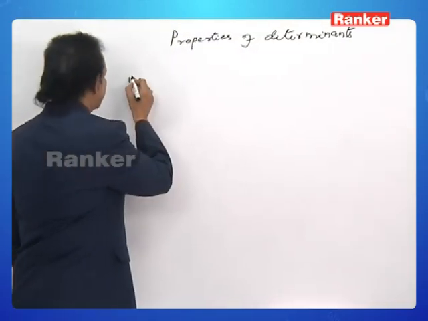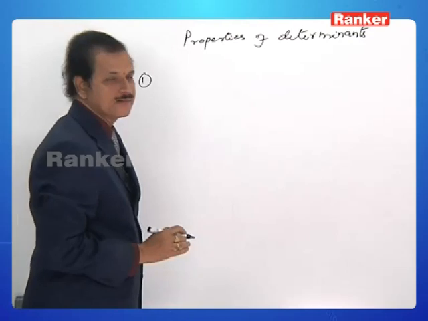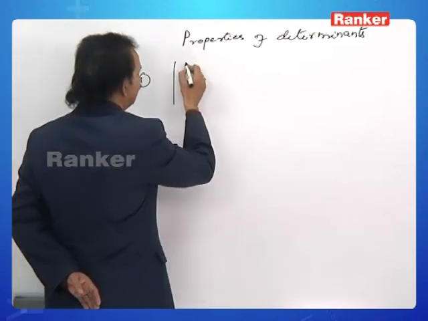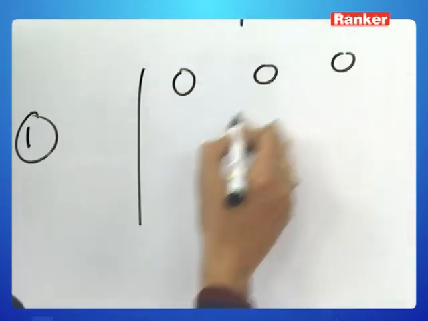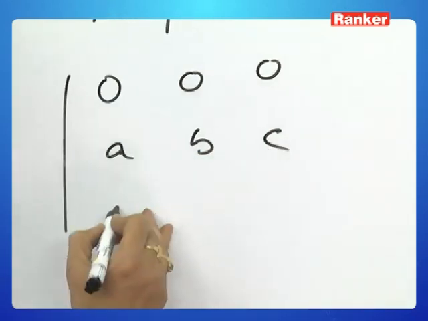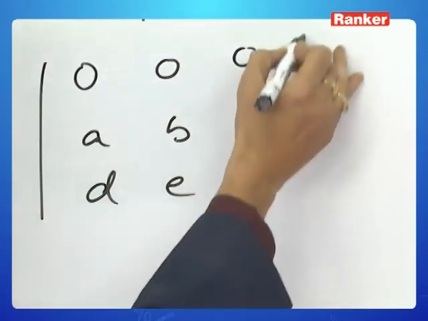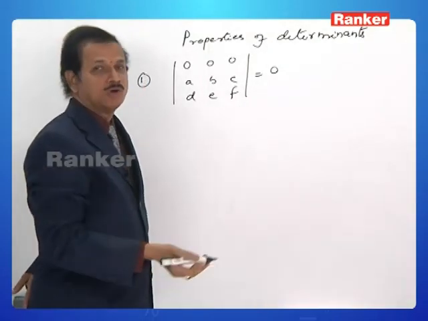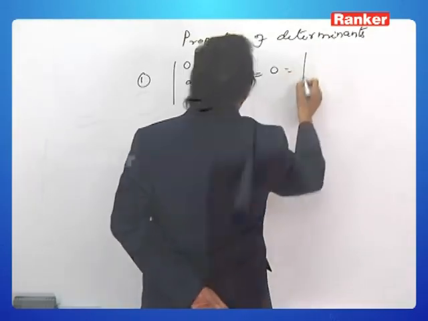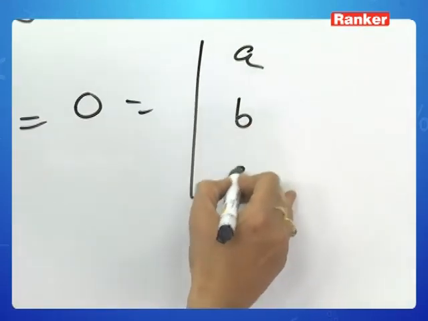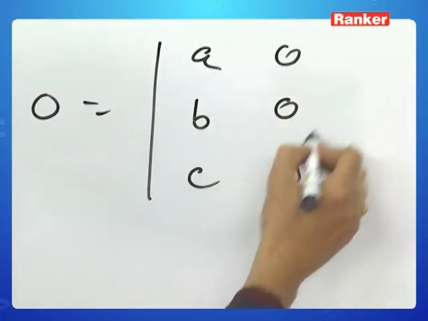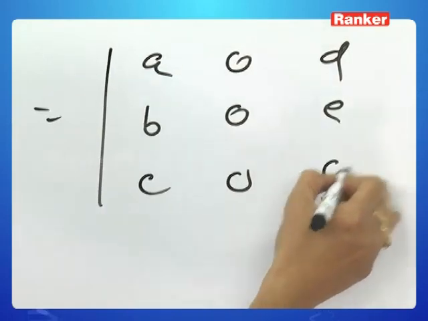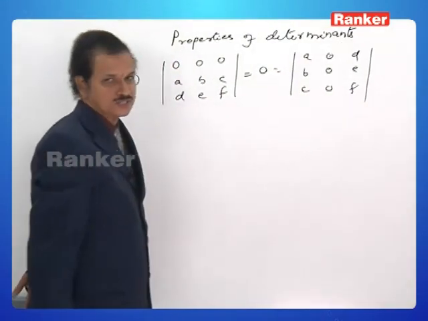Very first property: suppose one of the rows contains all zeros, then the determinant is 0. Or one of the columns is filled with zeros, then also the determinant is 0.